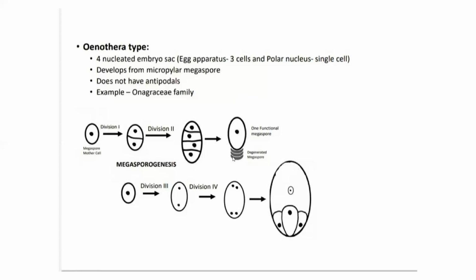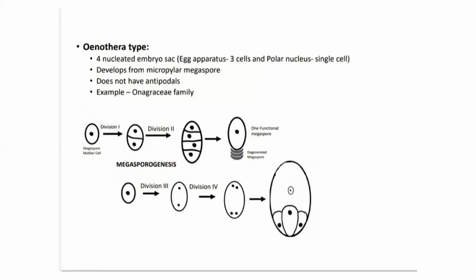In polygonum the chalazal megaspore is functional, but in the Oenothera type which one is functional? The micropylar megaspore. One gives two, two gives four. Of those four, the lower three, the chalazal ones, degenerate, and only the micropylar haploid megaspore is functional.